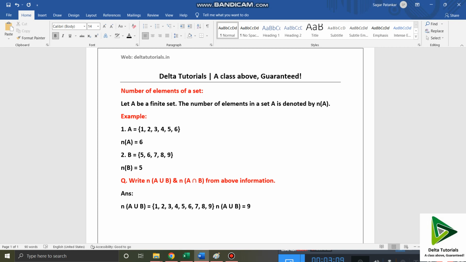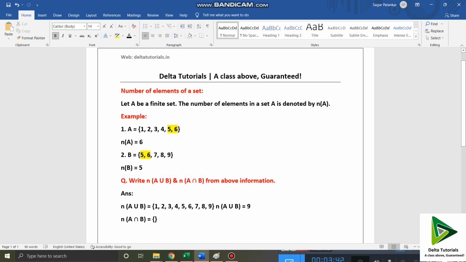Now we are going to write n of A intersection B. A intersection B we have seen while studying the operations on set theory. Intersection means only the common elements which are present in both the sets. In set A and set B, we can clearly see that these two elements, 5 and 6, are present in both the sets.